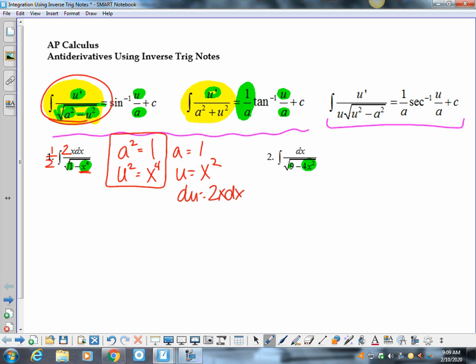Okay, so now I have this extra 1/2 because I had to balance. Sine inverse of x squared over 1, which is just x squared, plus c. Done.